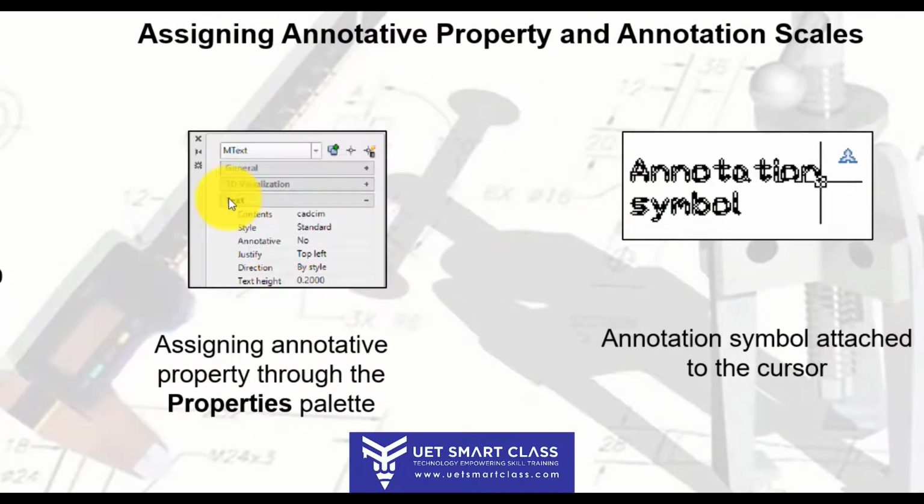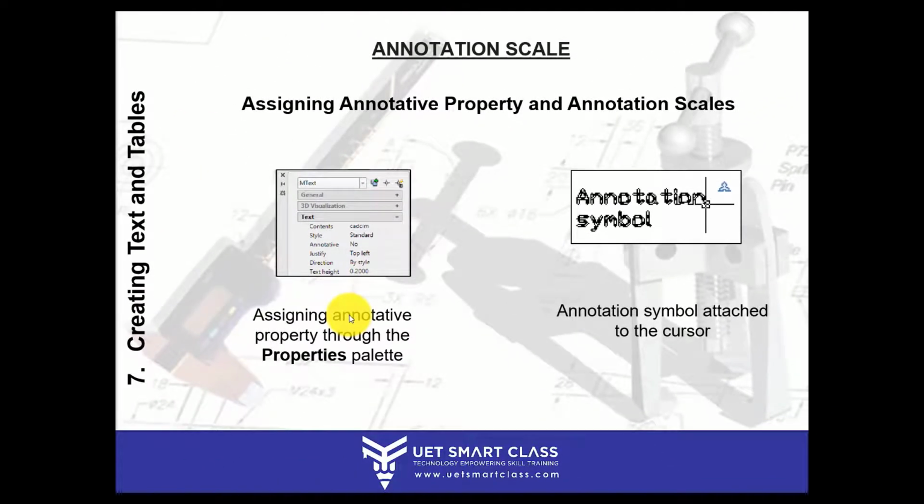This can be assigned first and foremost through your properties palette. That's why I said we will be covering this properties palette again, because you can assign these annotative properties through it. In fact, in the last to last session, when I was showing you the assignments, I was changing the line type scale of the center lines of my objects.